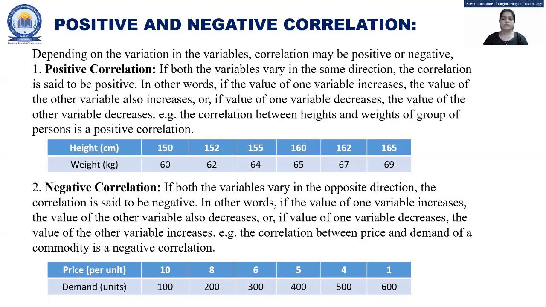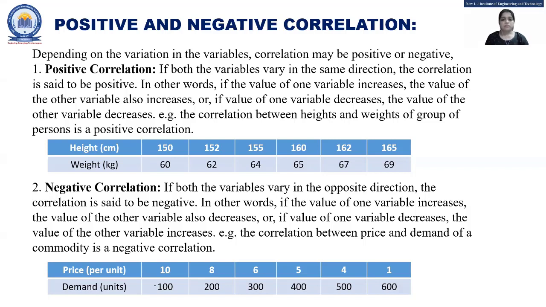So here 155, at that time weight is 64; when height is 160, weight is 65, it is in kg; height is 162, the related weight is 67; and height is 165, the related weight is 69. So you can easily see, when height increases, weight also increases, right? So here both are in positive correlation.